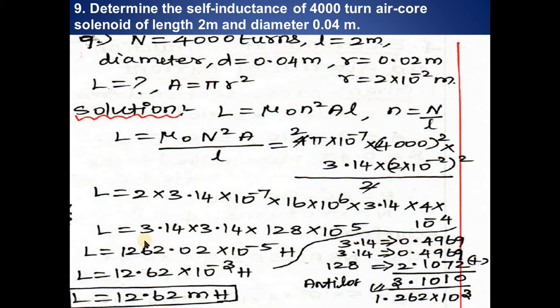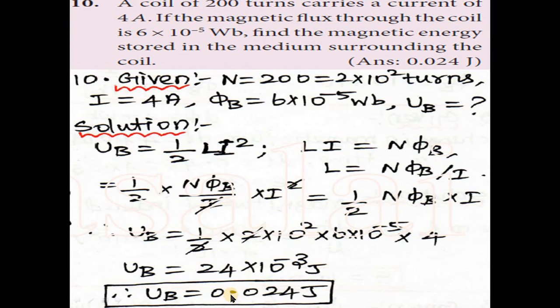Adjusting the decimal point before the 62, 12.62 into 10 power minus 3 Henry. Here 10 power minus 3 is milli. So self-inductance L is equal to 12.62 milli Henry.